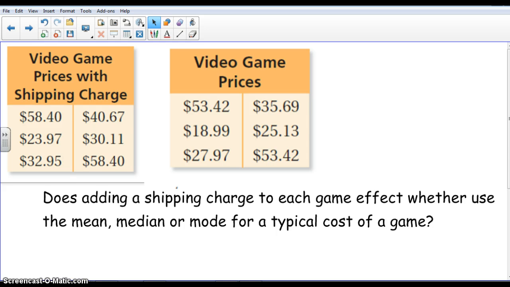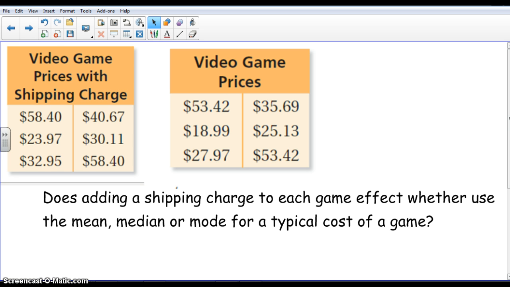So just like in example 4, you are going to make a chart. If you look in the book, you'll see it. The chart includes the original price of the games and then the price with the shipping charge. And you'll figure out the mean, median, and mode. Once you make the chart and list it all out, you compare them by subtracting and finding out the difference. And the question is, how does this increase affect the mean, median, and mode?